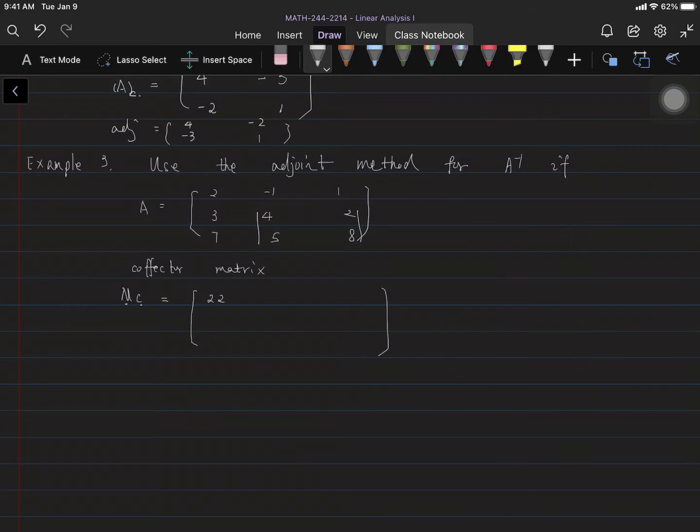Right? And for the number 1, the cofactor should be negative 1 times this and that. 22 minus 14 should be 8, should be negative 8.